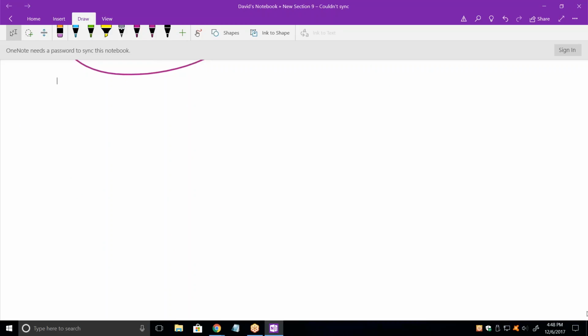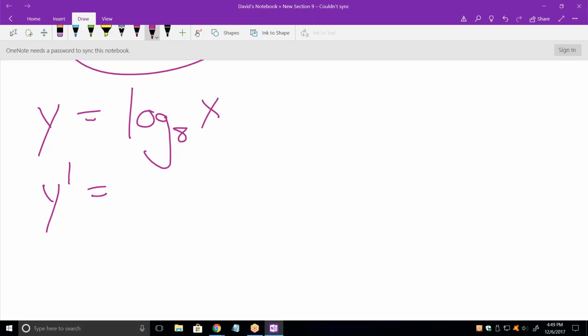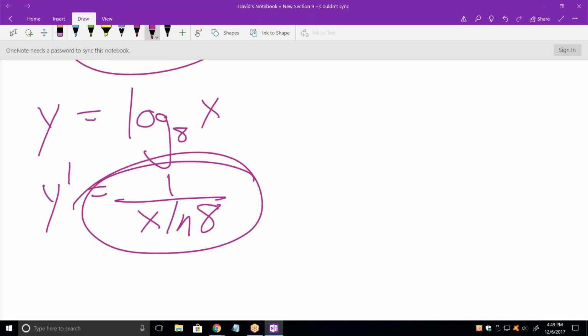What else? This next one is kind of what we were doing. It's log base 8 of x. And what's the derivative? Should be 1 over x times ln 8. Perfect. If I made it x squared, what would it be?